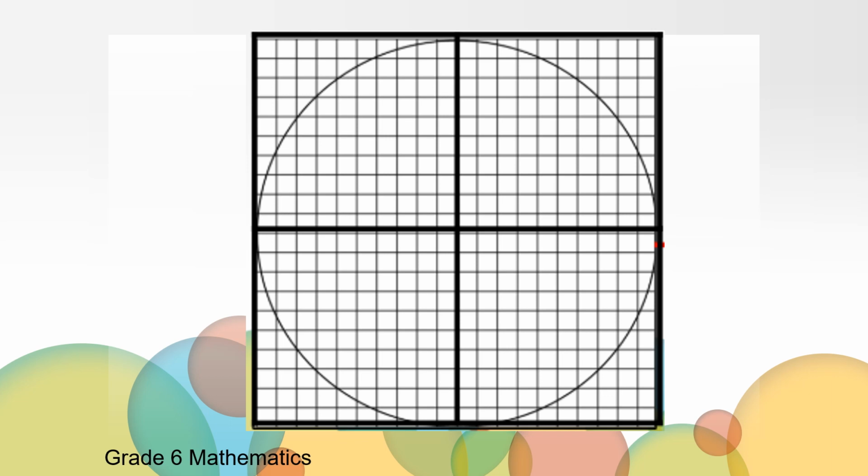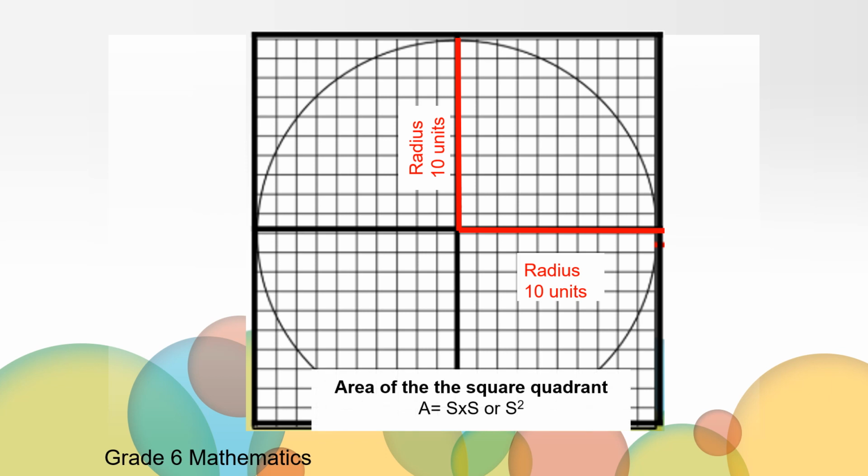You might be noticing that the quadrant is a square. All sides are the same length. To find the area of the square, I would multiply 2 side lengths. Since each side length is 10, I could multiply 10 times 10 to find the area. I could also find the area by taking the side length and squaring it, or 10 squared.